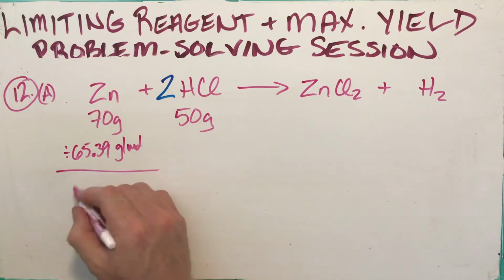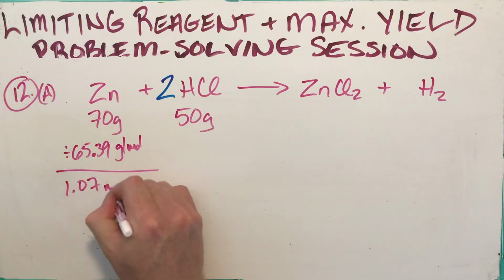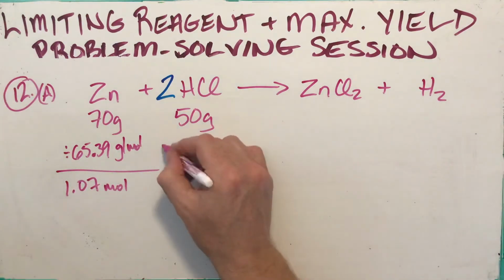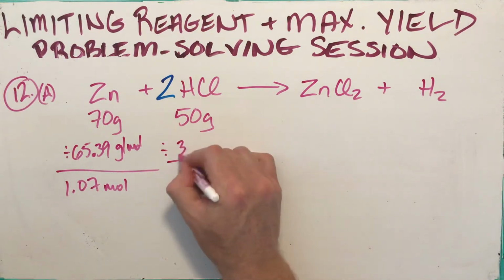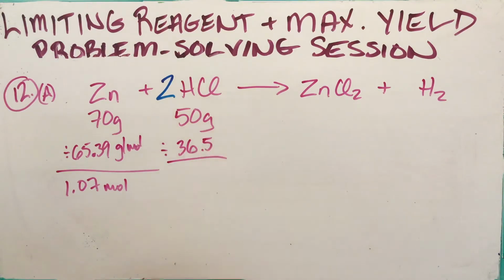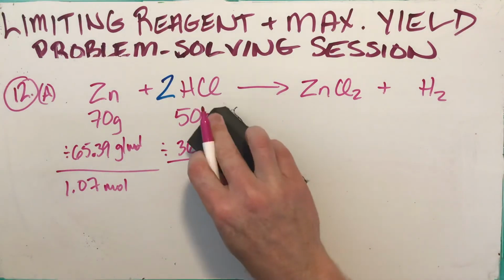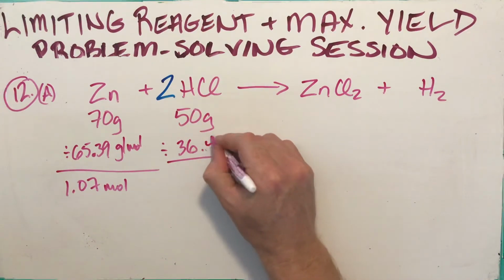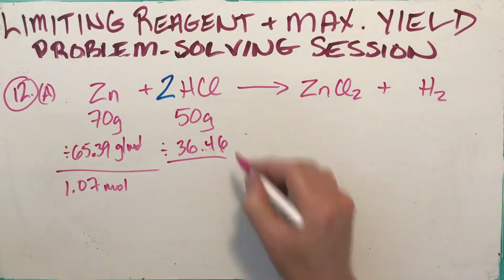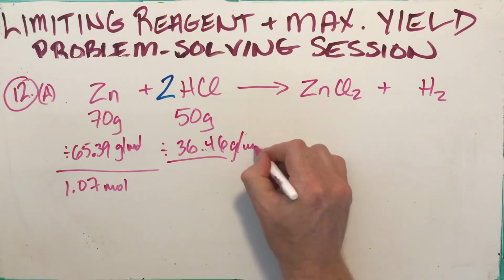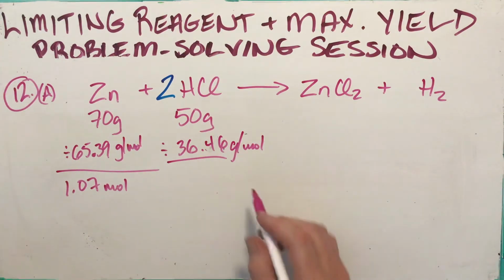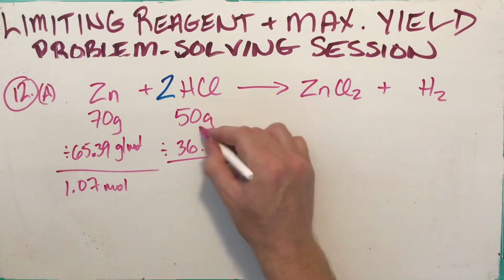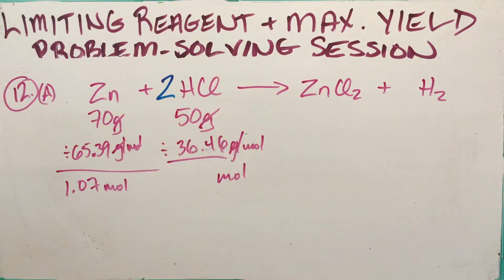When I divide that out, I get 1.07 moles of zinc. I'm going to divide this by its molar mass, the hydrochloric acid, 36.46 grams per mole. The grams will cancel out when I divide, and I'll be left with moles.